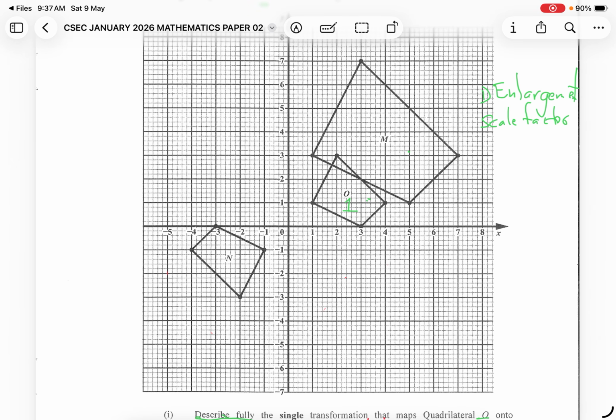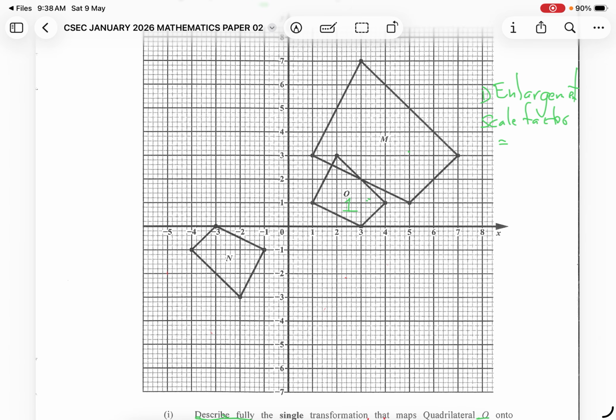What's the scale factor? The scale factor indicates by how many times bigger the image is in comparison to the object. And when we talk about what I am comparing, I'm comparing the length of the sides. So we're not comparing the size of the shape in terms of its area, but the length of the sides.